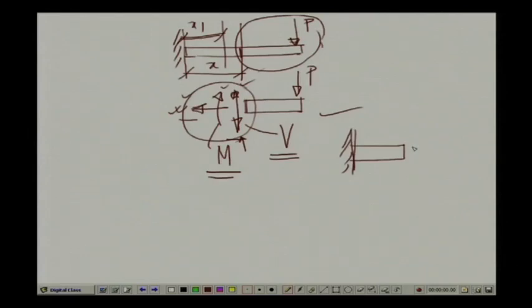Now, this is the positive x direction, this is the positive y direction. If you remember the coordinate axis system as we discussed earlier when we evaluated the stresses, this is the positive x direction along which we have taken normal stress, this is the positive y direction, and we had taken this as the positive z direction.